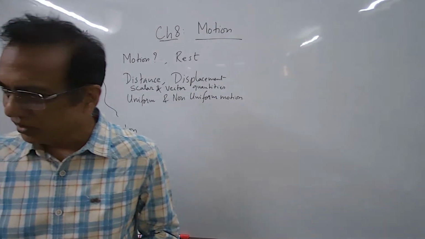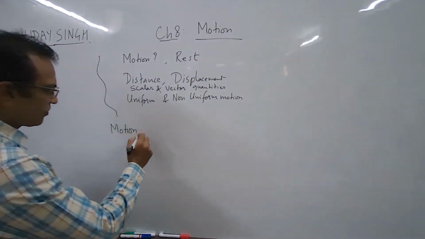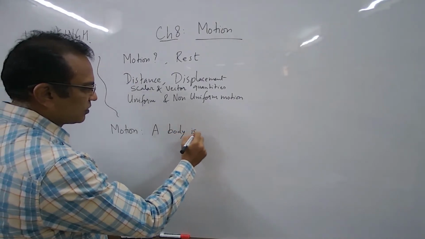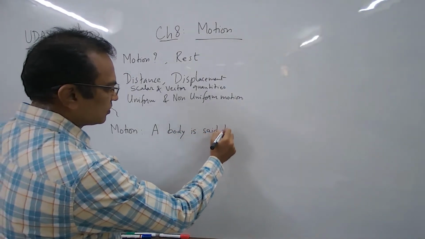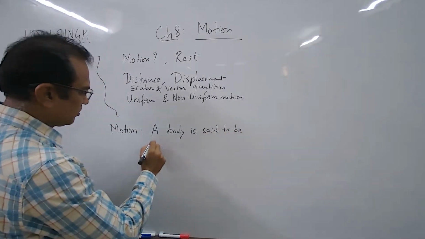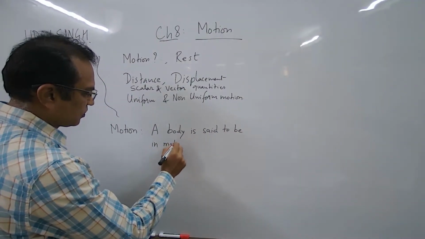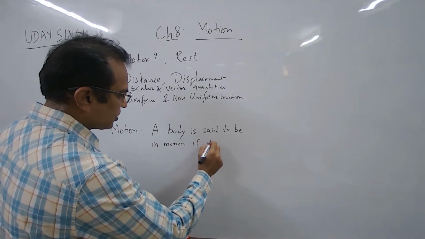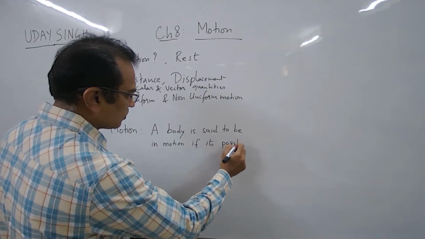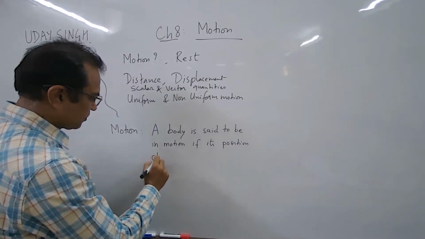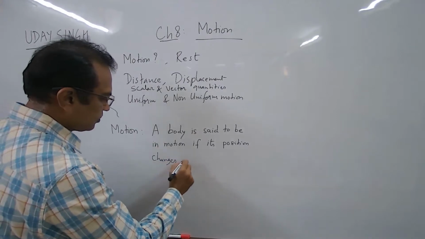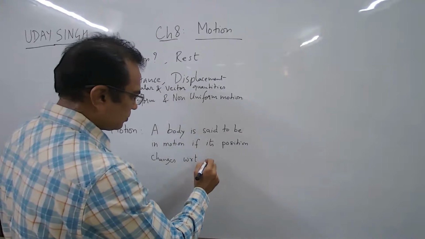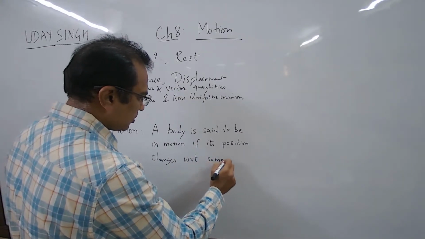So whenever a body undergoes motion, this is how you write. A body is said to be in motion if its position changes with respect to some reference point.